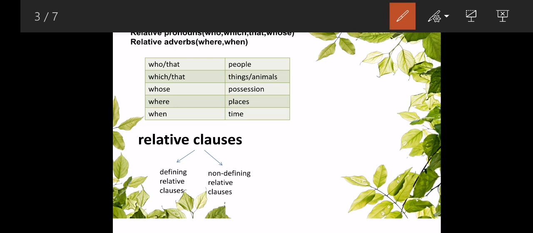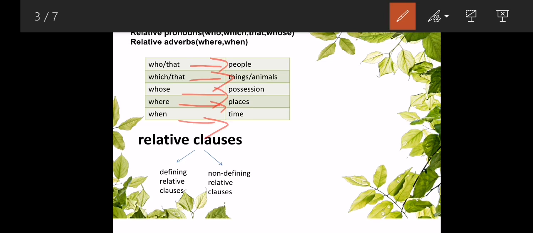Relative adverbs are where and when. We use who or that for people. We use which or that for things or animals. We use whose for possession. We use where for places and when for time.